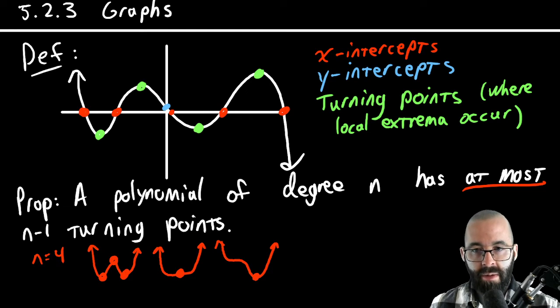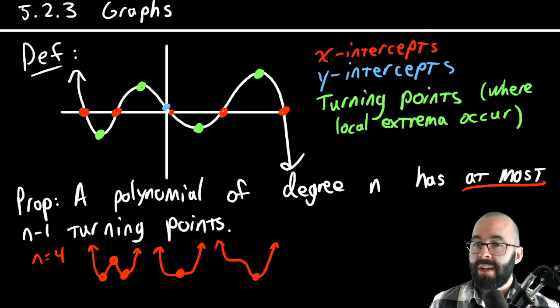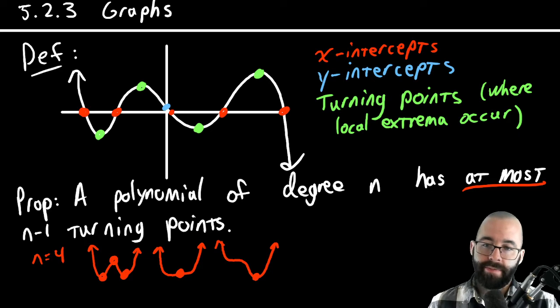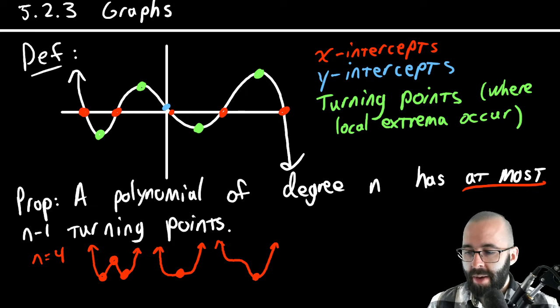Only 1 turning point. So be very careful that that at most doesn't tell you necessarily how many turning points it's going to have, but it does tell you something about it. So let's use this property by looking at some problems in the textbook.